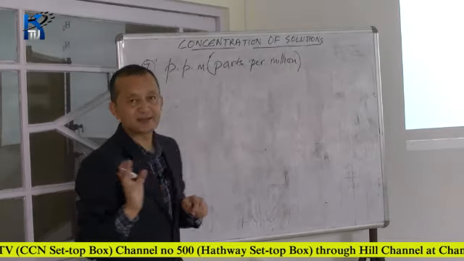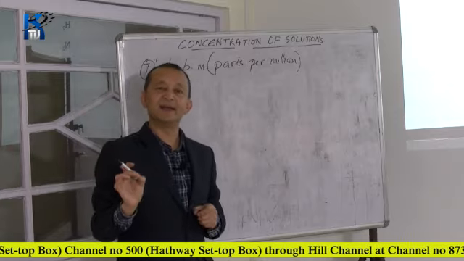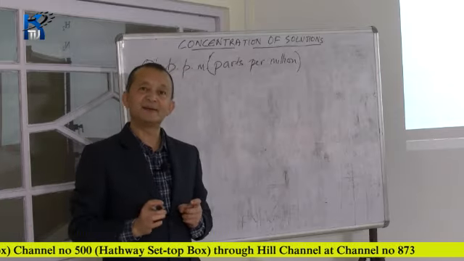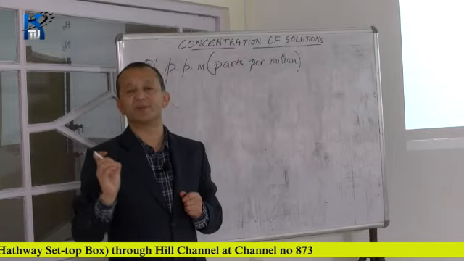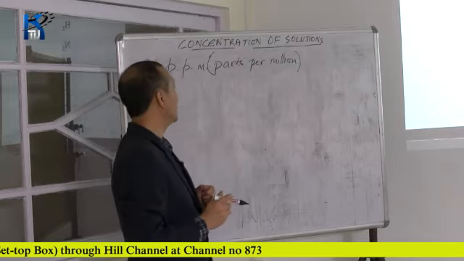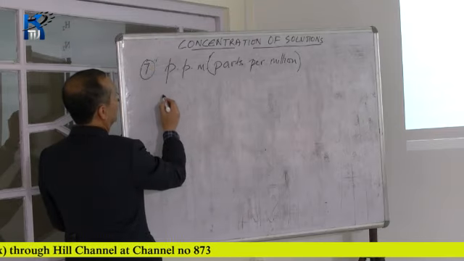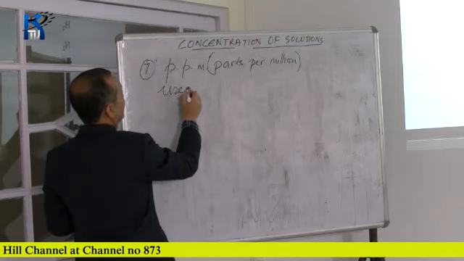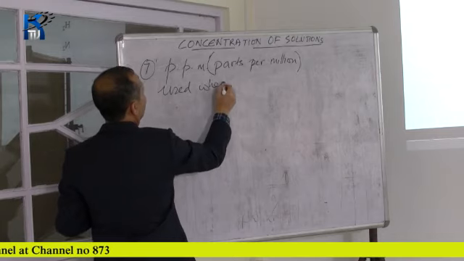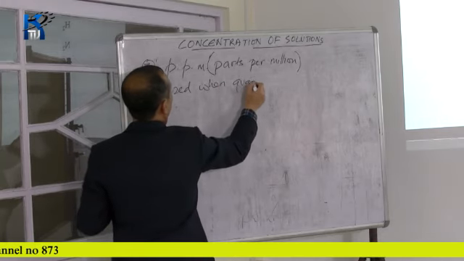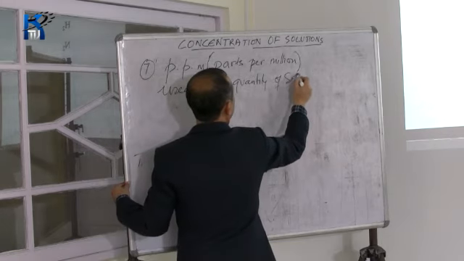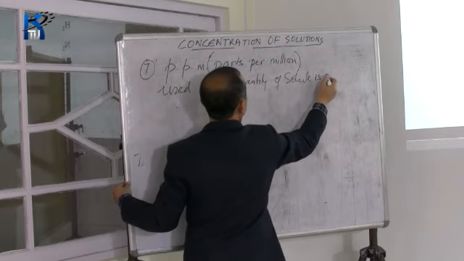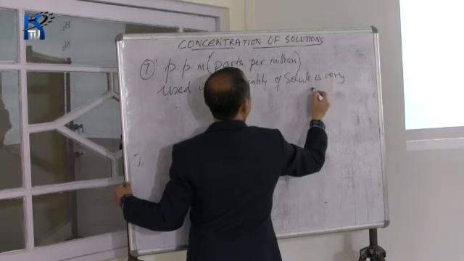This concentration, parts per million, is used when the quantity of the solute is very small.